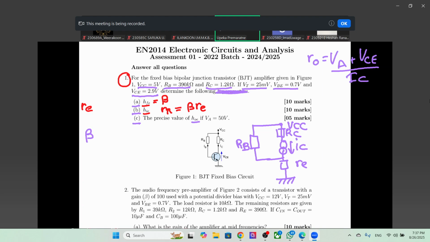We'll take this current IB and the collector current IC.